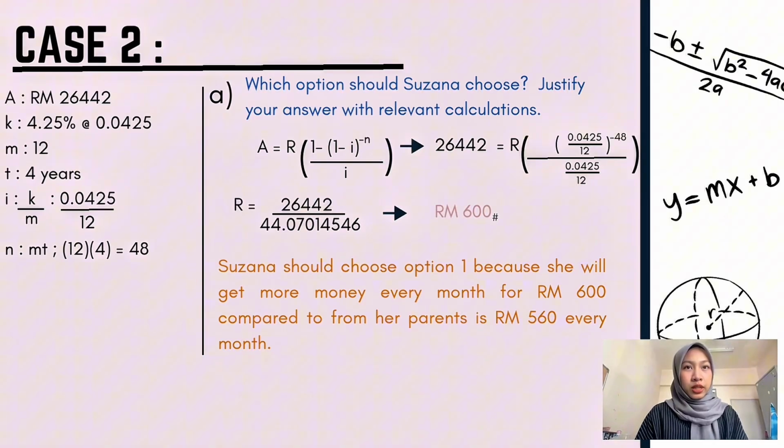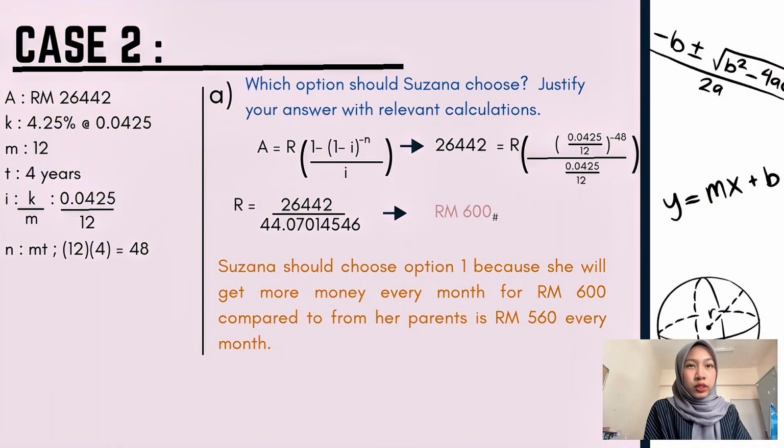So we use this formula: A equals R in bracket 1 minus in bracket 1 plus I to the power of negative n, divided by I. A is 26,442 equals R in bracket 1 minus in bracket 1 plus 0.0425 divided by 12 to the power of negative 48, divided by 0.0425 divided by 12.